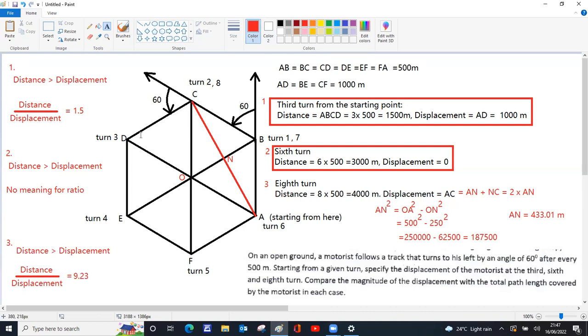All these angles are 60 degrees. Then if you take one side like this, it's a parallelogram with all 4 sides equal. The diagonals intersect in a 1:1 ratio, meaning both diagonals intersect at half of the other diagonal. And the intersection is at 90 degrees. These properties, if you know, you can solve the question.